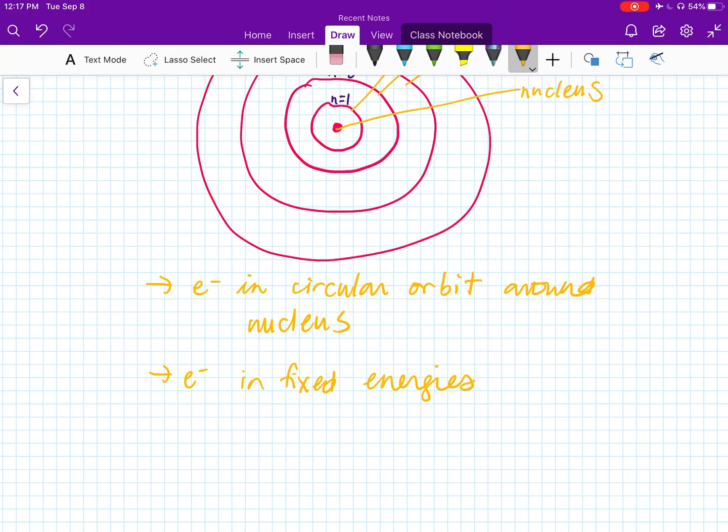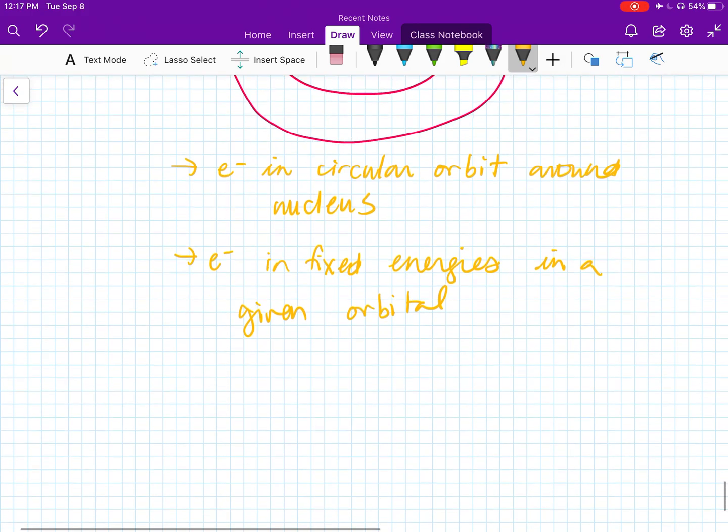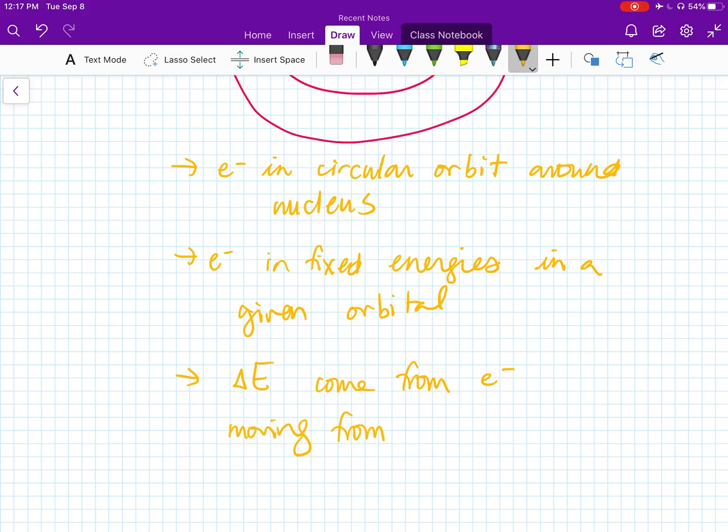Those energies increase as we get further away from the nucleus. And the changes in energy, delta E, come from electrons transitioning or moving from one level to another.